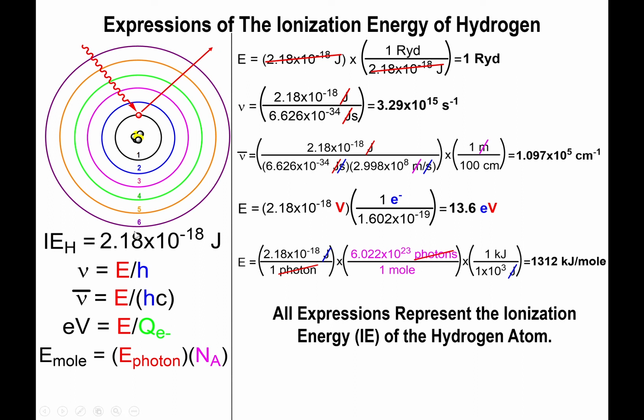And 2.18 times 10 to the negative 18 joules equals 1312 kilojoules per mole, 13.6 electron volts, 1.097 times 10 to the fifth inverse centimeters, 3.29 times 10 to the 15 hertz, and 1 Rydberg. So keep all these particular associations in mind. They'll be helpful whenever you're trying to juggle the conversion of units.